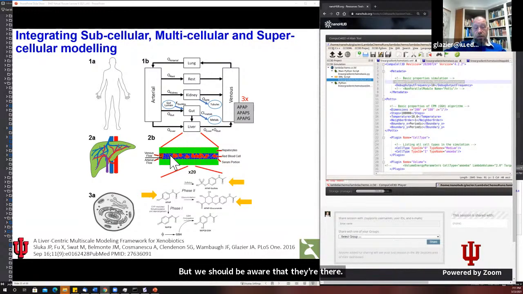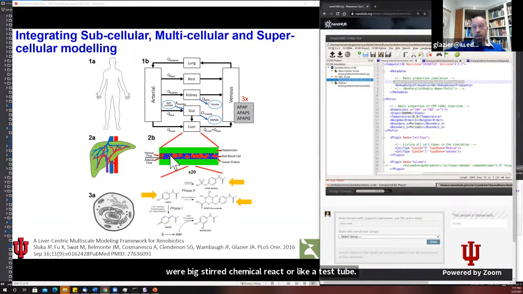We'll typically model those networks inside of the cells as if they were non-spatial. So we're going to treat the cell essentially as if it were a big stirred chemical reactor, like a test tube, and assume that there isn't any spatial variation in concentration within the cell.